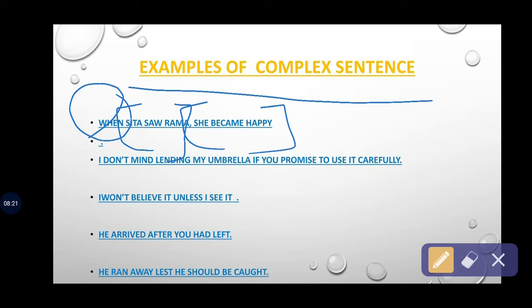"I don't mind lending my umbrella if you promise to use it carefully." Here we use if. "I wouldn't believe it unless I see it." "He arrived after you had left." "He ran away, lest he should be caught." These are all conjunctions that help us make these sentences complex.